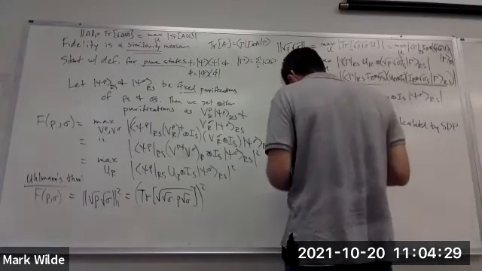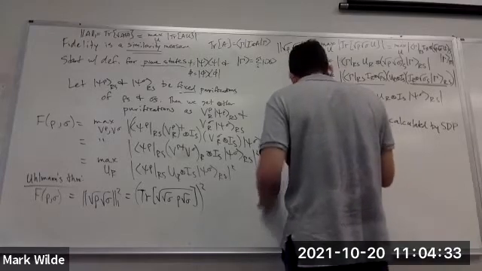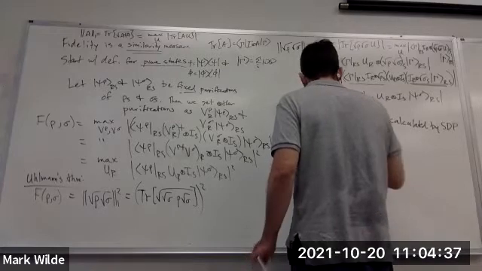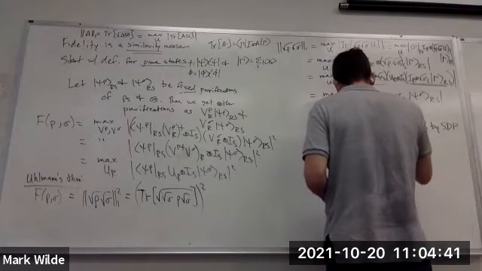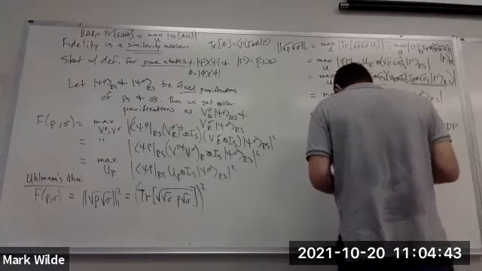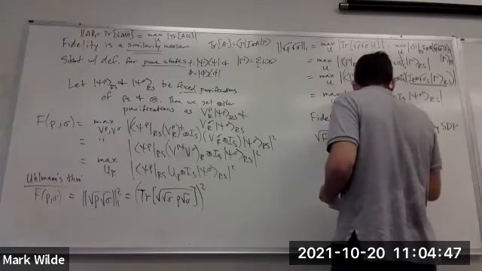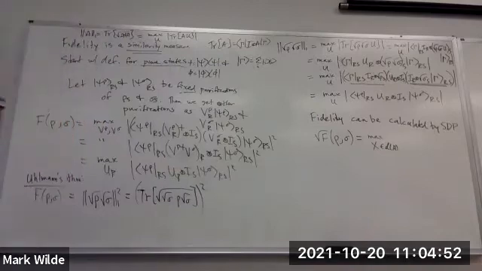And it is also for the root fidelity. The SDP has a nice form. So max over all linear operators X in L of H. This is the set of all linear operators acting on the Hilbert space on which rho and sigma act.